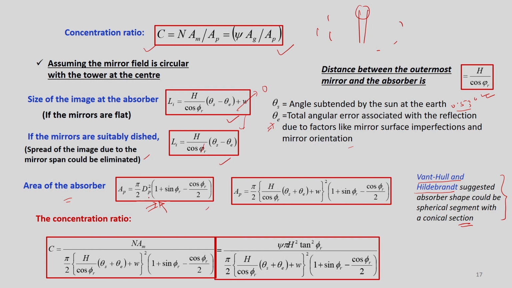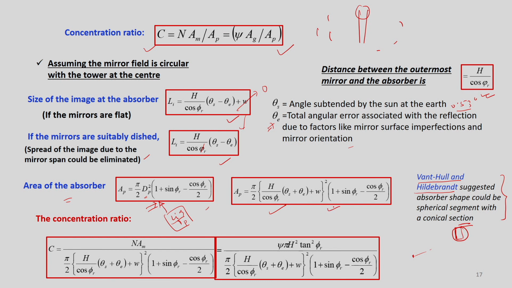So, if we substitute this Li value in dp, at what condition can we do it? When we see from the outermost mirror to this observer, it is a sphere, but from here, it is like a line. So, this is something like Li, and this dp can be replaced by Li. If we do it, then the expression of Ap will be something like this.